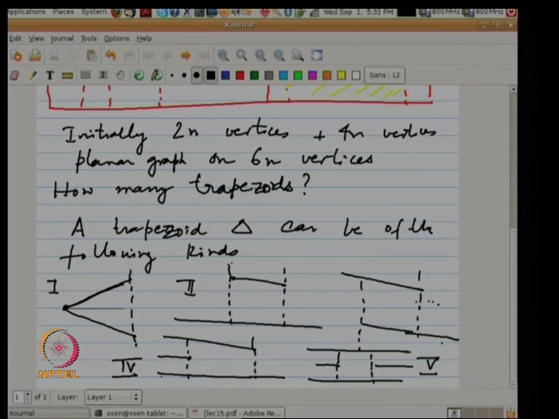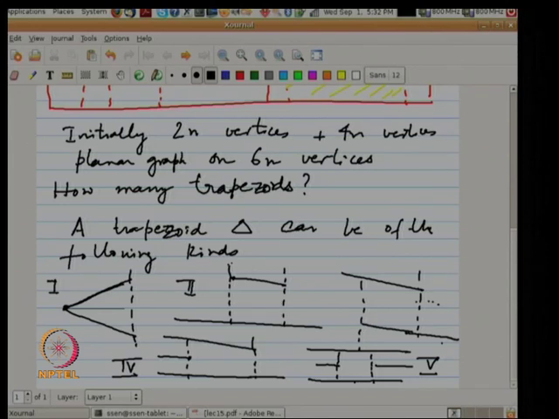In number 4, the trapezoid is defined by 3 segments, right. There is an upper and lower segment, and then there is a separate third segment that defines the left boundary. In the fifth kind, you have the upper and lower segments defining the 2 bounding edges, and the left and the right defining the 2 vertical edges.